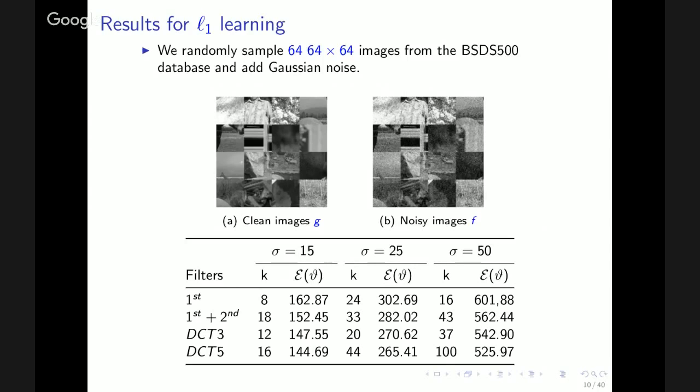And it turned out that the more different linear operators you have, so here you have just first order derivatives, here you have DCT5, much more linear operators, the value of the loss function decreases, which means that the reconstruction is better. And this is consistent for different values of the noise. So here's a sigma 15 for the noise, and here's a sigma 50, much more noise in it.